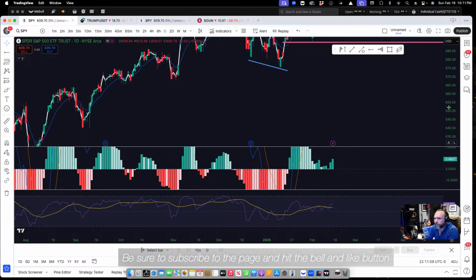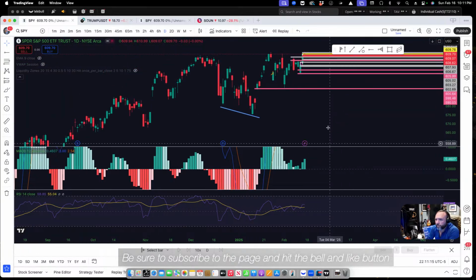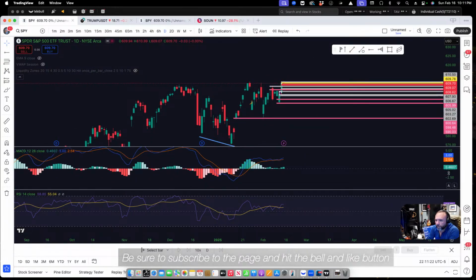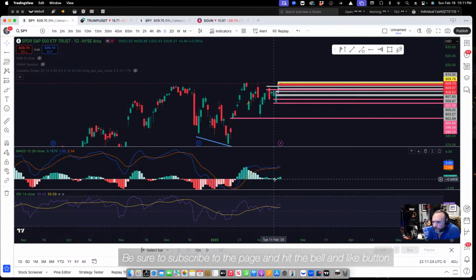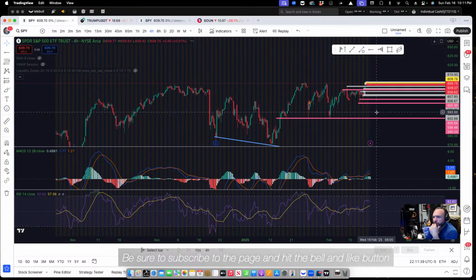Here we go. I like the MACD, and I like on the daily that the RSI is at about 60. And let's go to the 4 hour.